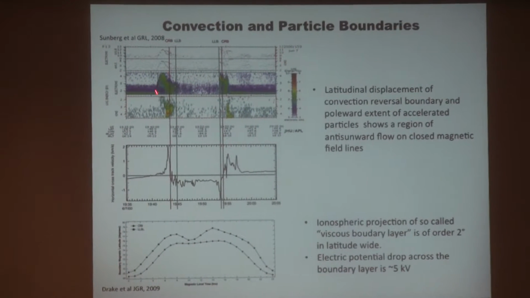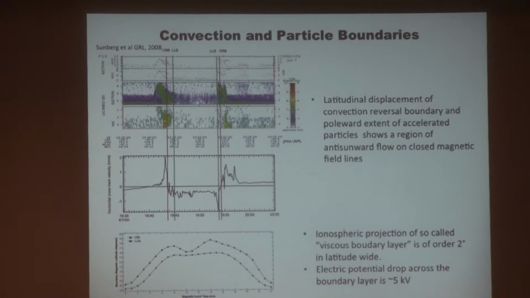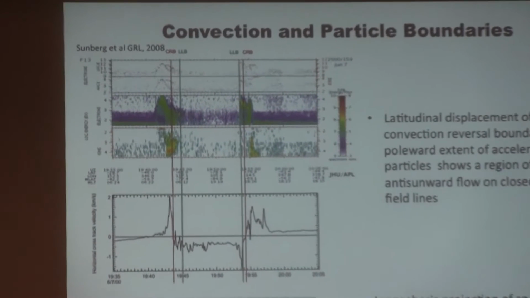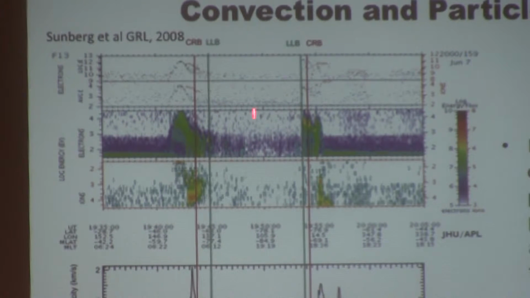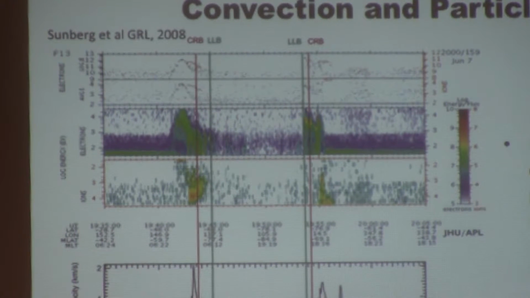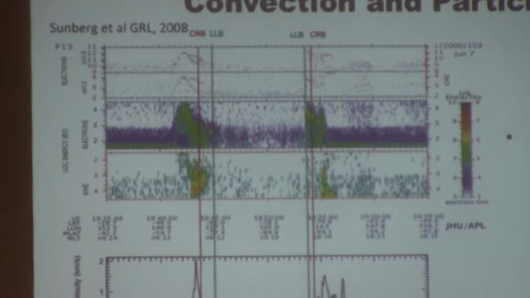So where these electrons and ions appear, the magnetic field line, that is a line that traces everywhere tangent to the magnetic field, is a closed field line. And if you look at these boundaries, you'll see that they're offset on both the dawn and the dusk side. And in fact, this description of the boundary locations holds up at all local times.